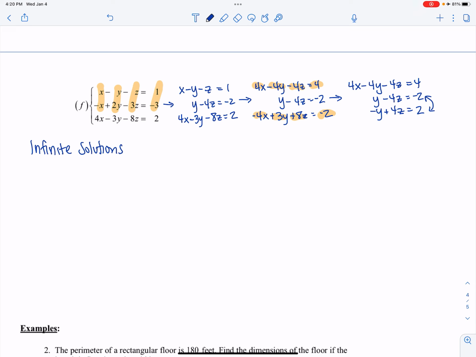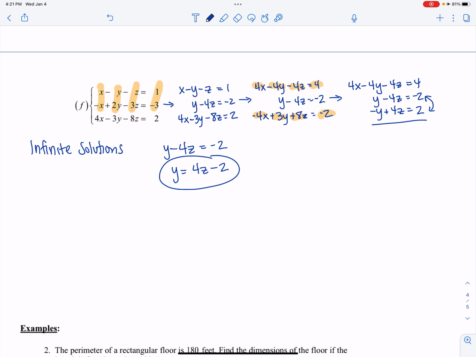So let's start right here. y minus 4z equals negative 2. That means that y equals 4z minus 2. So that's my y.